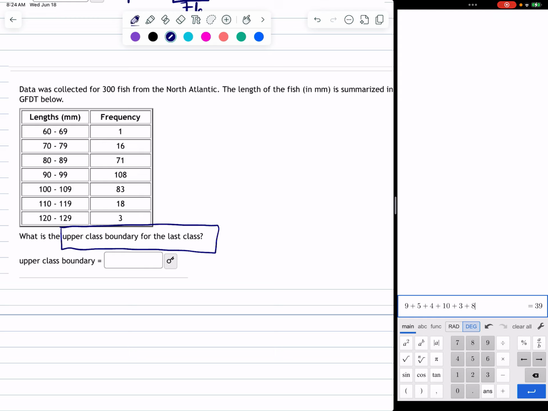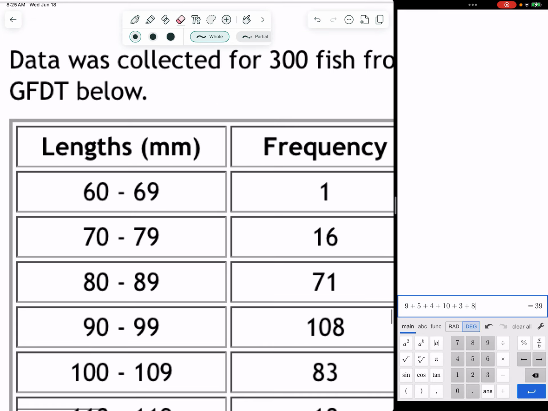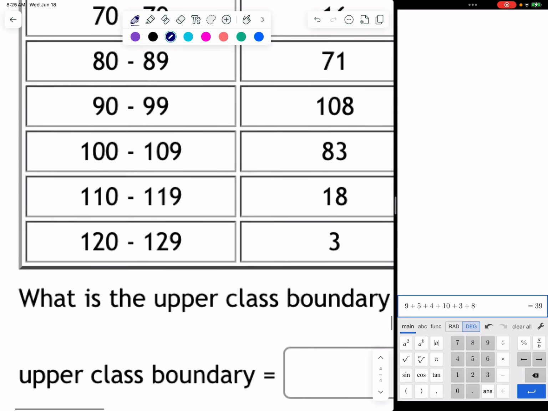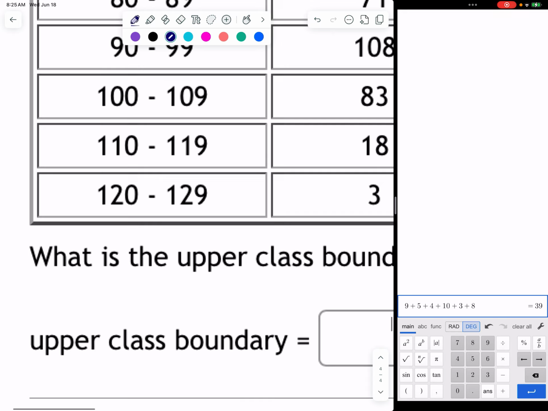I'm going to change that because we already did one for the first class where we would have backed this up to 50 to 59 and found the middle. Upper class boundary is the same idea. We add another row and find the middle.